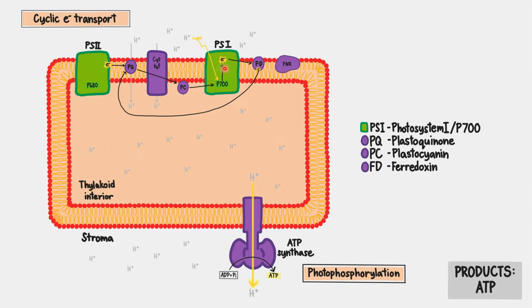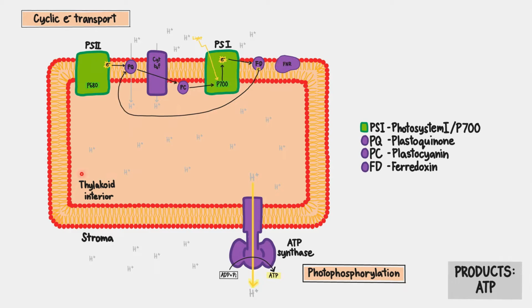Here, the electrons from photosystem 1 do not proceed to the ferredoxin-NADP reductase and just revert back to photosystem 1 cyclically, and it repeats over and over.